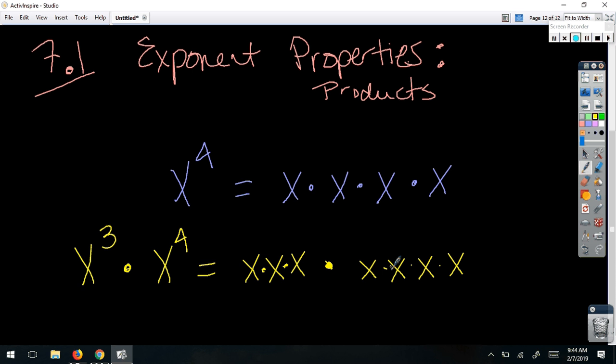How would you write that as an exponent? Well, how many are there? Look, how many are there? It's multiplying x 7 times. So yes, Christian, that's what I wanted you to see, is what you're doing essentially is you're adding these 2 exponents, right? Does that make sense to you on why?